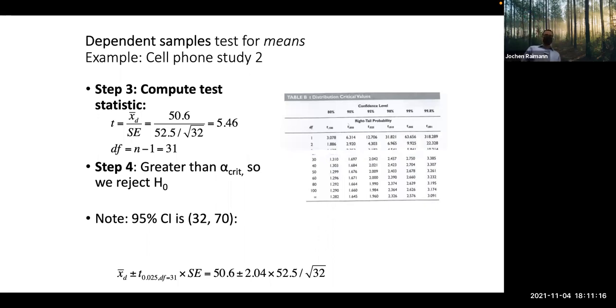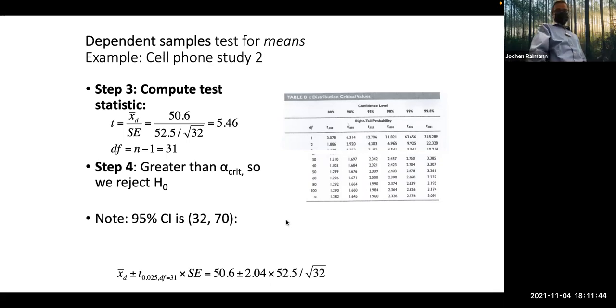You're calculating the mean difference of 50.6 divided by the standard deviation of 52.5 divided by the square root of the sample size, which is 32 individuals, because you tested 32 individuals before and after. Your sample size is now the sample size of the differences, not the sample size of both groups anymore.